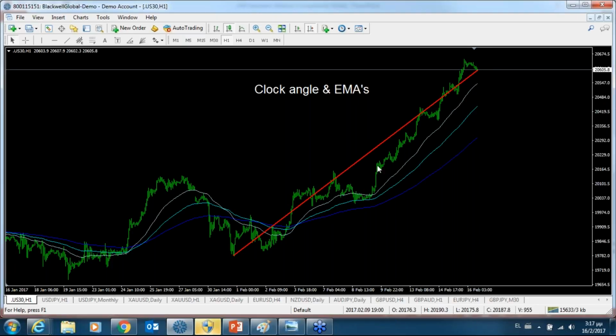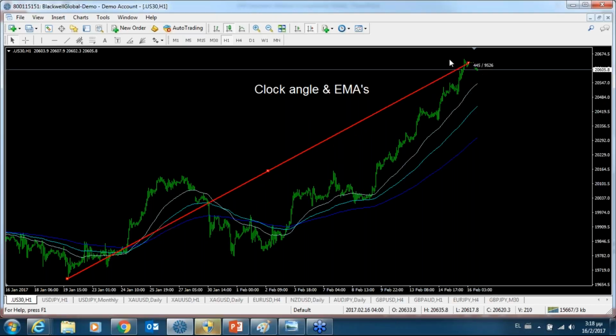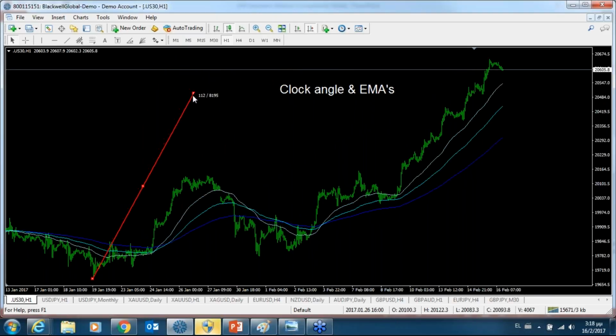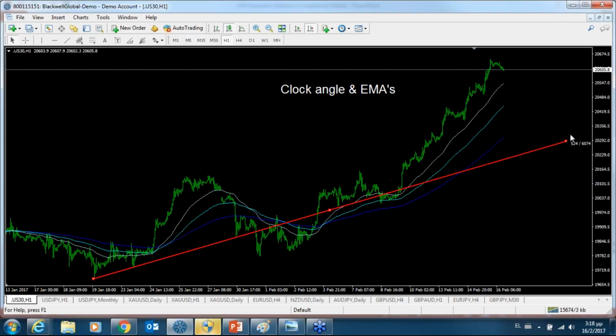So that clock angle itself, there's nothing accurate or inaccurate about it. You don't need to be very accurate with it at the first instance. For the clock angle, you can even start from the lower end here, and then look at that angle. That clock angle there is close to in between 1 o'clock and 2 o'clock, because a 1 o'clock angle will be much steeper, 12 o'clock will be straighter, pointing towards the sky, 3 o'clock will be sideways, and 2 o'clock would be lower.